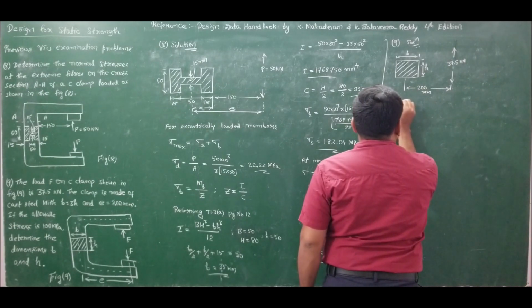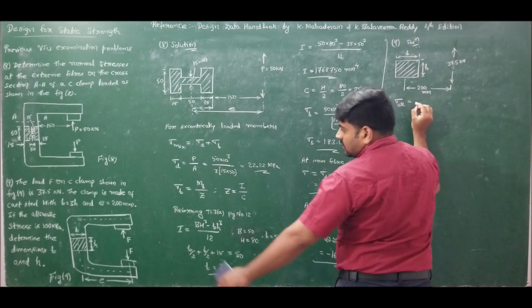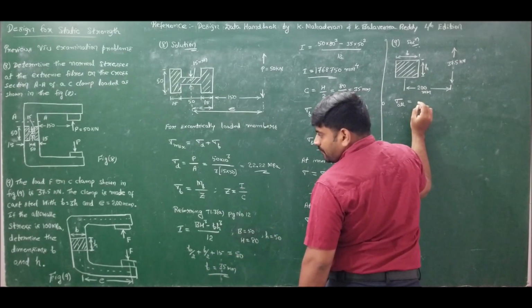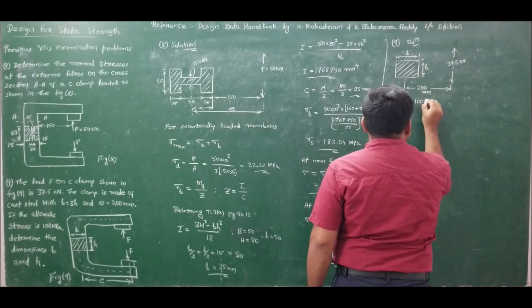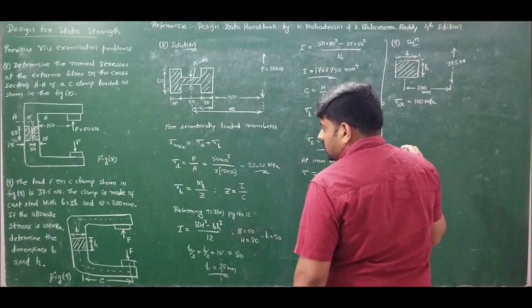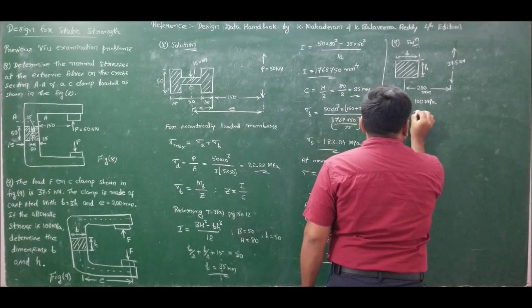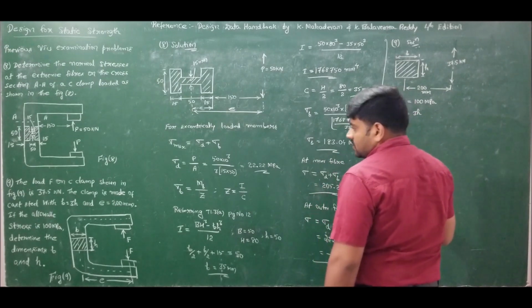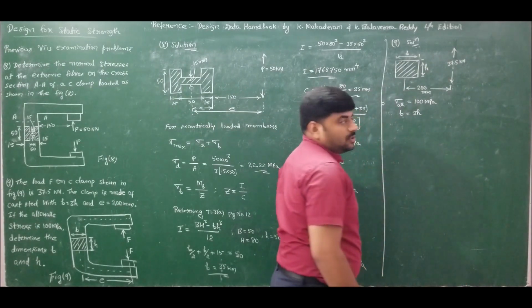He has also given sigma allowable or sigma max as 100 megapascals, and he has given a hint that B is equal to 3H. Find the value of B and H is the question to be answered.